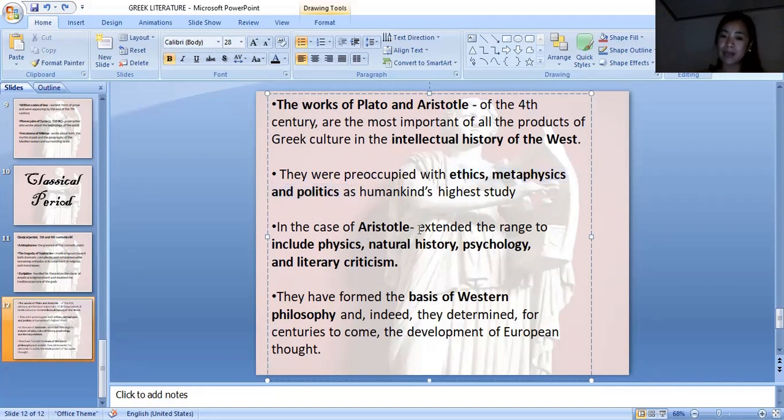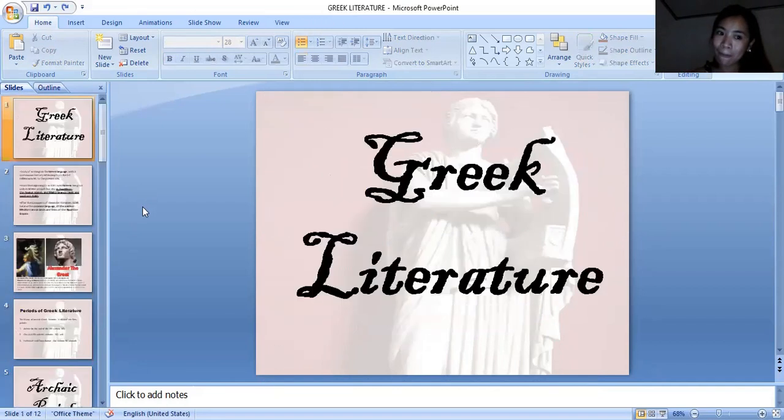While with Aristotle, ang kanya naman includes the physics, the natural history, psychology, and literary criticism. They have formed, meaning to say Plato and Aristotle formed the basis of Western philosophy. Sila lang naman yung naging basis of the Western philosophy. So that's it.